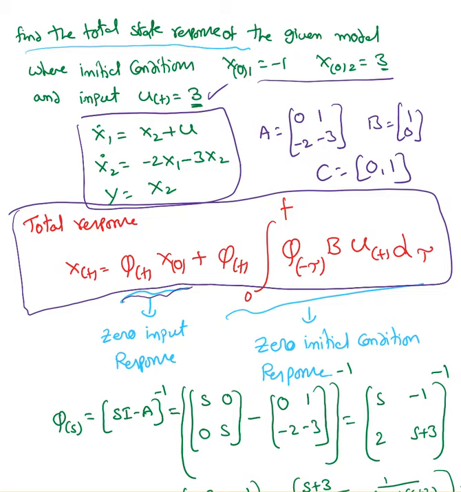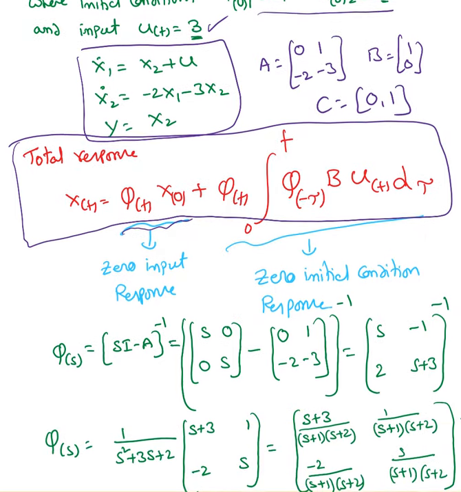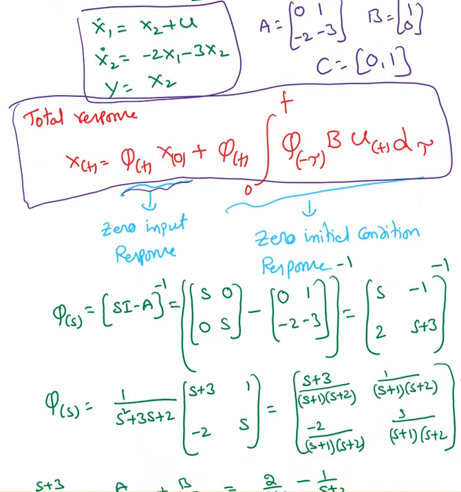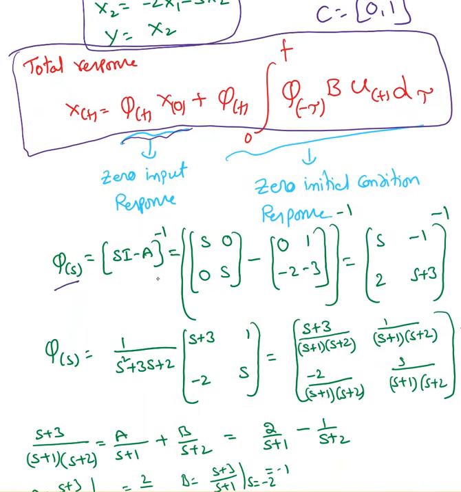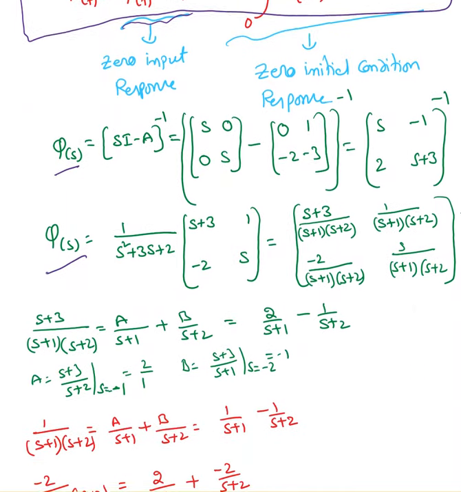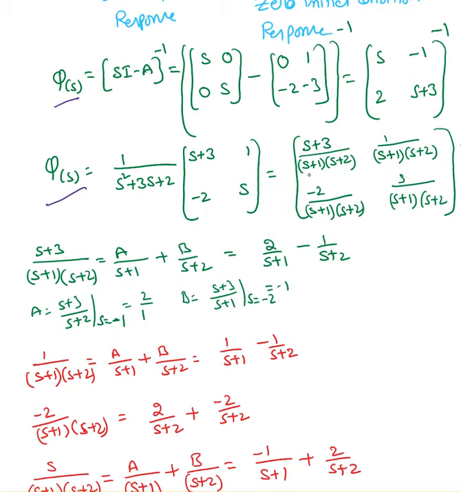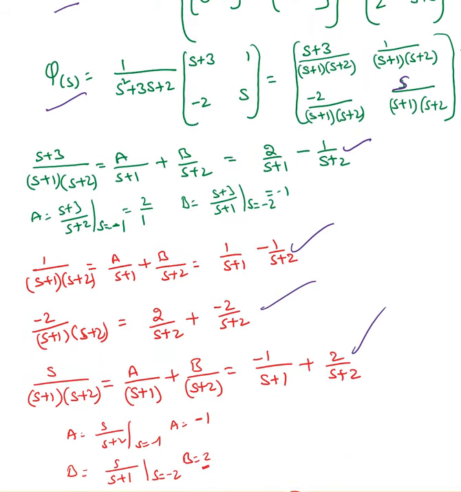This derivation I showed in another video, please watch that video. Now we'll find the state transition matrix, phi of s equal to (sI minus A) inverse. So I found phi of s equal to s over (s plus 3) over (s plus 1)(s plus 2), 1 over (s plus 1)(s plus 2), 2 over (s plus 1)(s plus 2), s over (s plus 1)(s plus 2). So I did the partial fraction for each and every term, all the 4 terms.